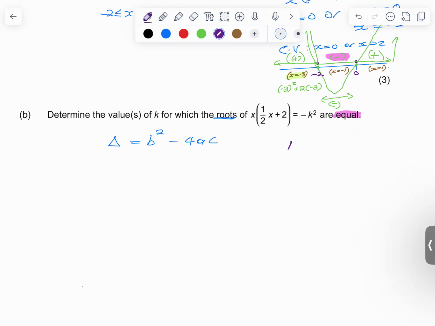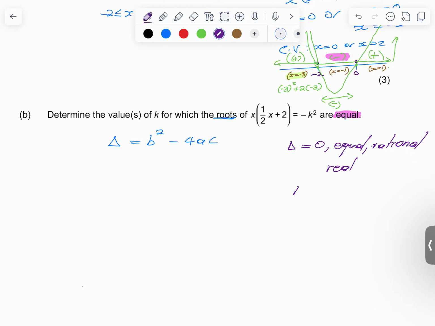If delta is equal to 0, then the roots will be equal, rational, and obviously real. I have made a video on the nature of roots. Just go to the channel and search nature of roots, where I've explained everything thoroughly.